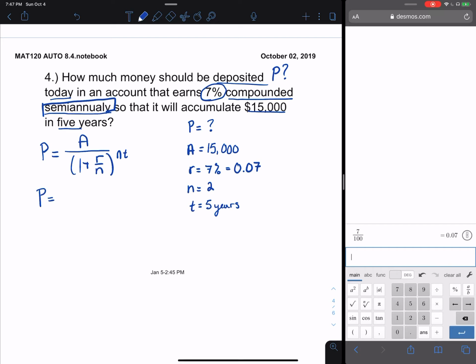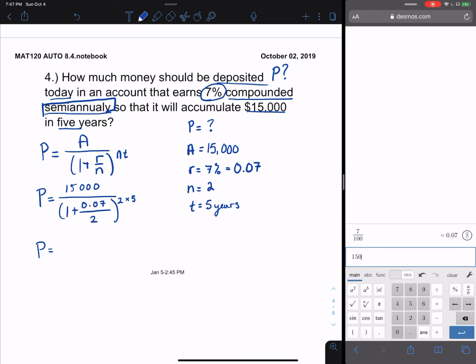So if we look at this, our A is 15,000. The rate was 0.07. N is 2. And then N times T gives us 2 times 5. So I'm going to substitute this into my calculator or plug it in.